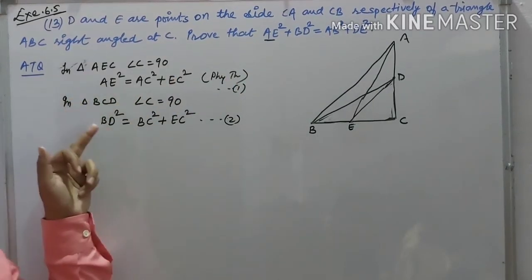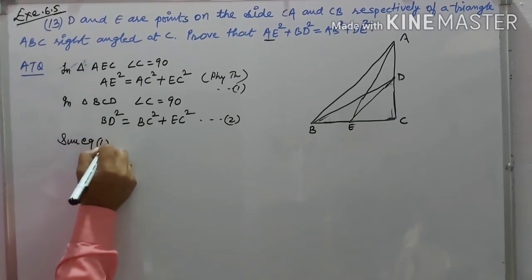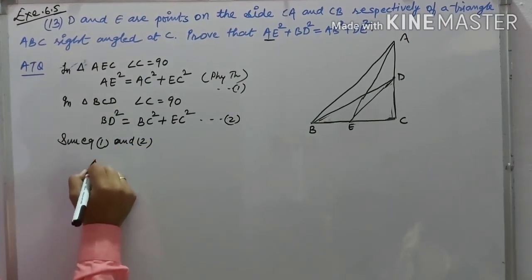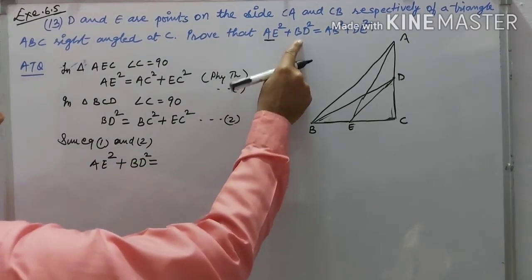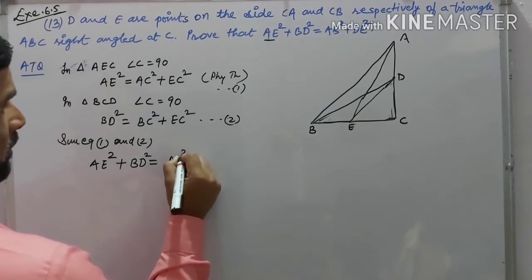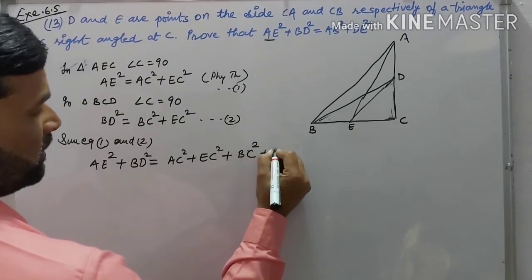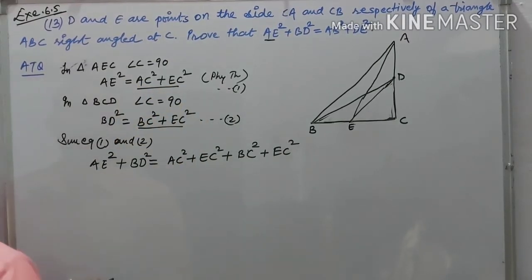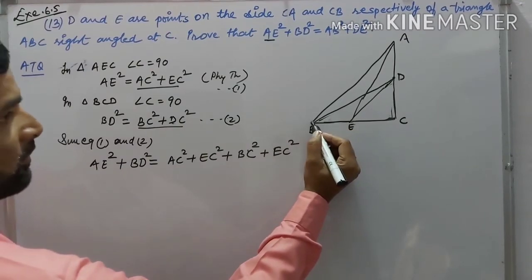Here is the AE and BD, so plus, now sum equation 1 and 2. Now left hand side is AE square plus BD square, and the remaining part is AC square plus EC square plus BC square plus EC square. This part and this part will be right. EC, and here will be DC because of the angle of BCD.